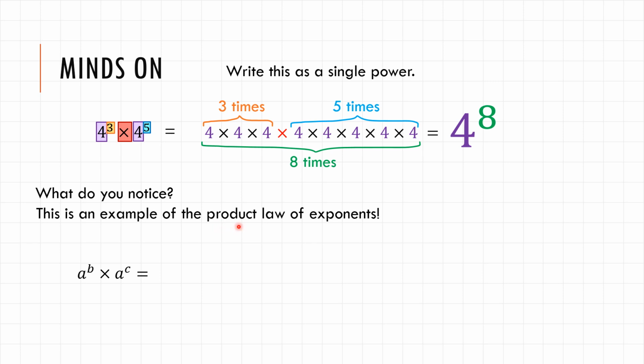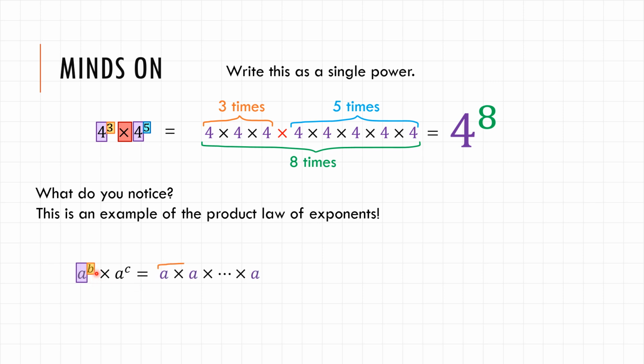The answer to a multiplication question is a product. The product of 2 powers with the same base, notice that this only works if this is 4 and 4. If this was 4 times 4 times 4 times 5 times 5 times 5 times 5 times 5, then this would not work. Instead, they need to have the same base. Then to find out what the product is, you can just keep the base the same.